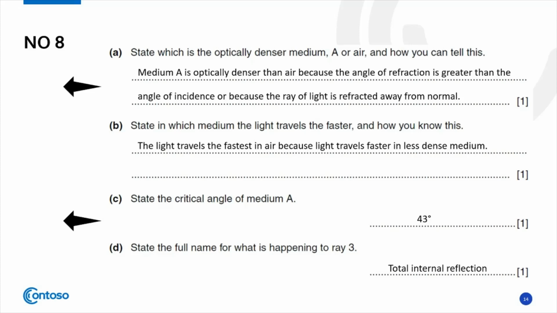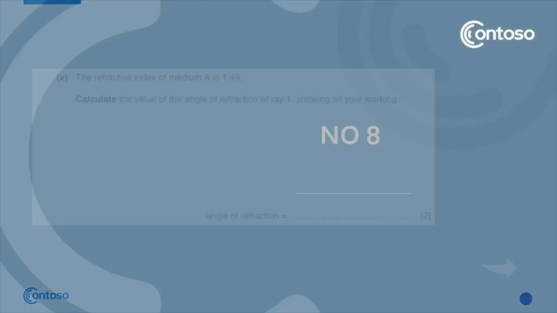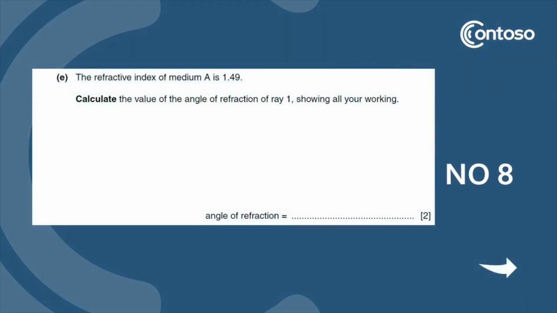Question 8e. The refractive index of medium A is 1.49. Calculate the value of the angle of refraction of ray 1, showing all your working. To do this calculation, we have to visit Figure 8.1 once again, showing the first measurement.